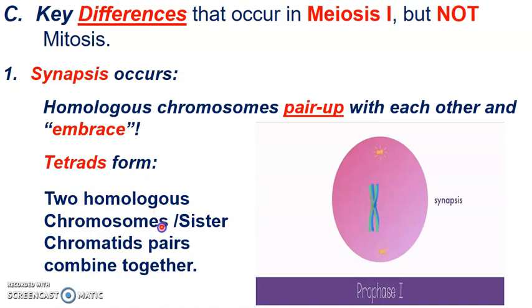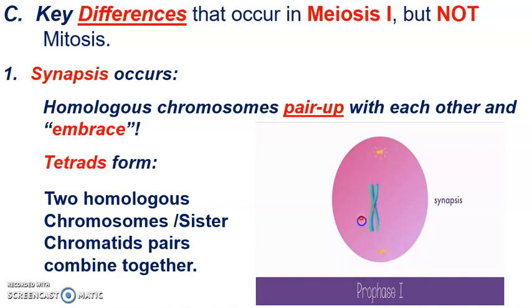When two homologous chromosomes, or sister chromatid pairs, come together, like you see right here, you form a homologous pair. We could also refer to it as a tetrad at this point. Tetrad really refers to 4 chromatids total. If you have 2 X's coming together, you have a total of 4 chromatids.